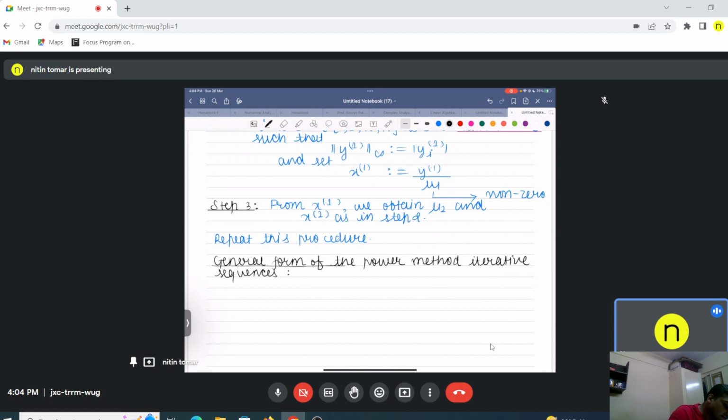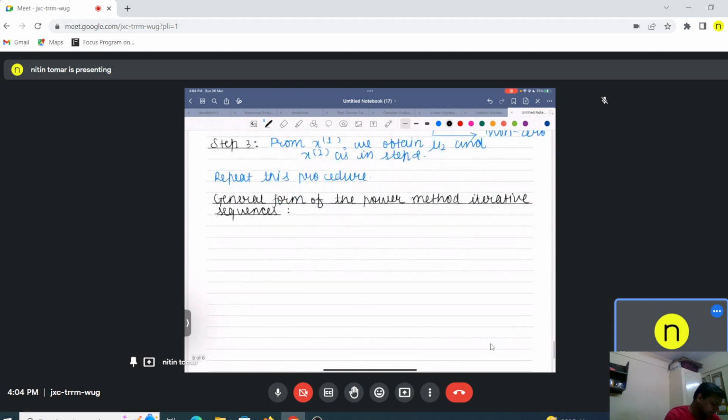So we just give the general form, then we'll go to the examples and we'll see what we have there. As we have seen already in the key idea, we need to have two sequences, one which will converge to the dominant eigenvalue and second which will converge to the eigenvector corresponding to the dominant eigenvalue.